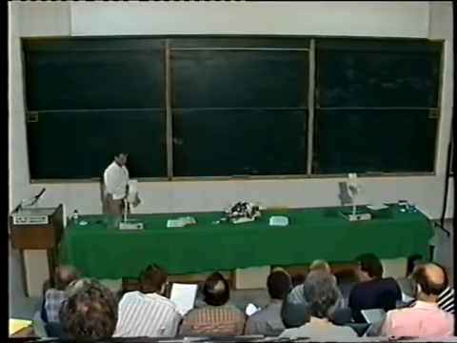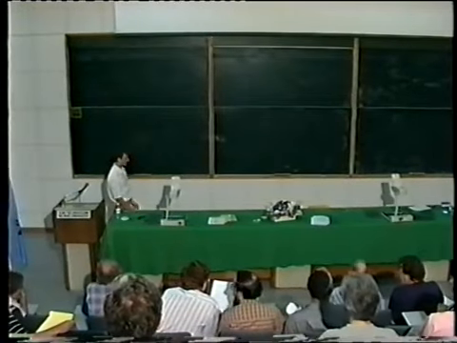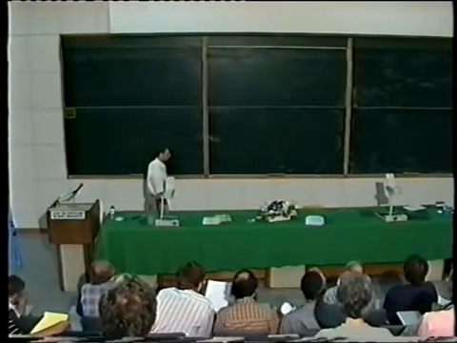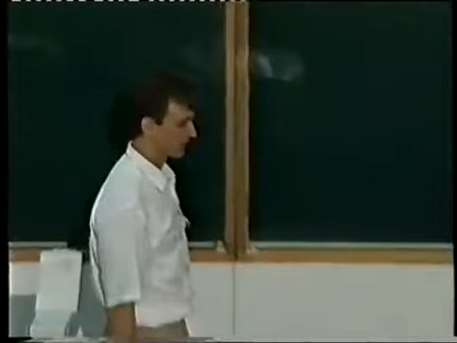Now, where we are now, this systematization is almost completed. There are natural questions which we don't know how to answer in the case of mixed characteristic, like, for example, purity.